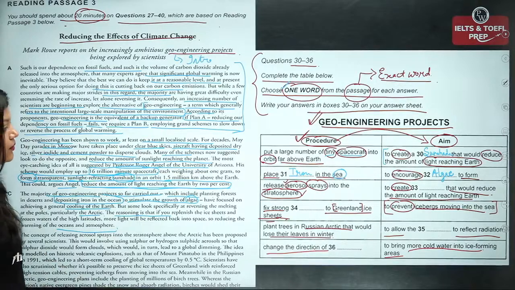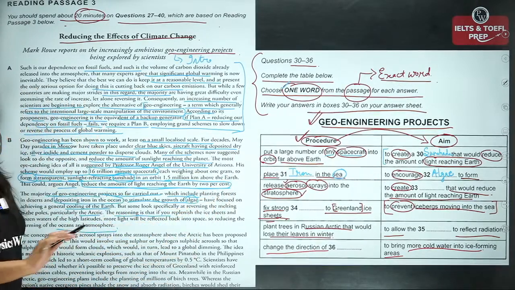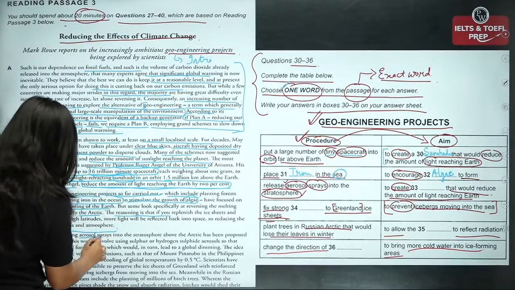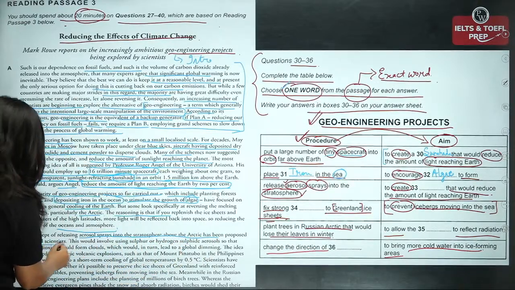Let's see what else we are going to talk about. Release aerosol sprays into the stratosphere. Right now, we haven't got any such words. Let's see. The concept of releasing aerosol sprays into the stratosphere above the Arctic has been proposed by several scientists.